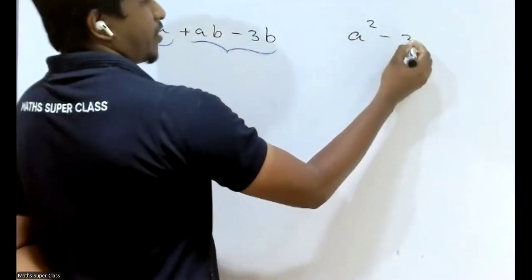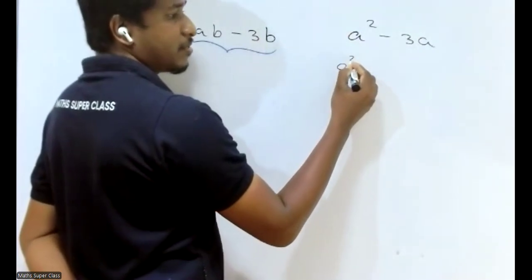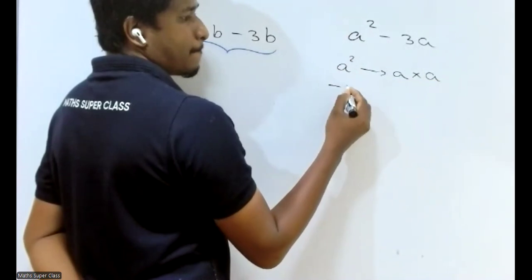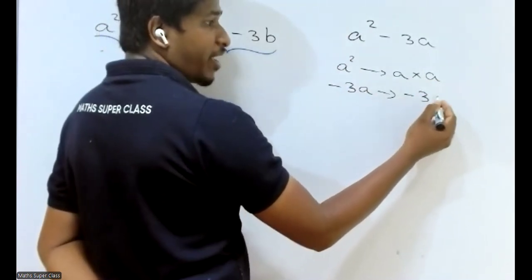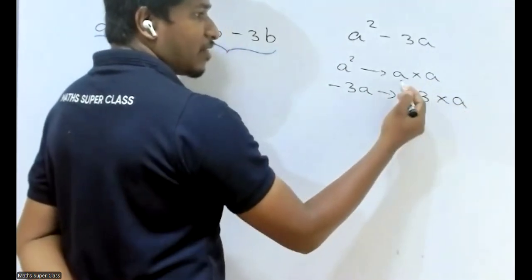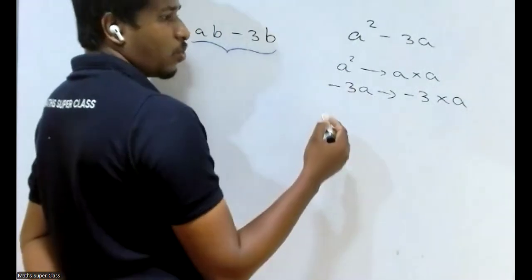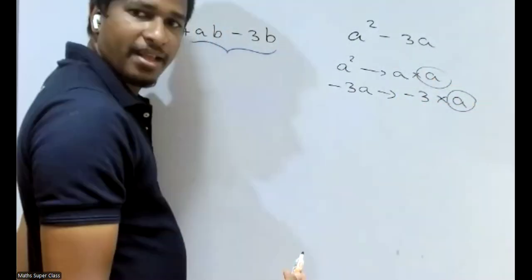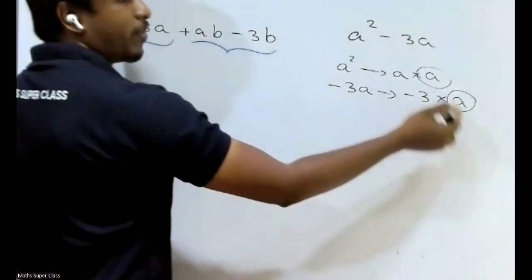a square minus 3a. a square, minus 3 into a. These are the factors of this. So, what are the common factors? Only a. Okay. a is the common factor.